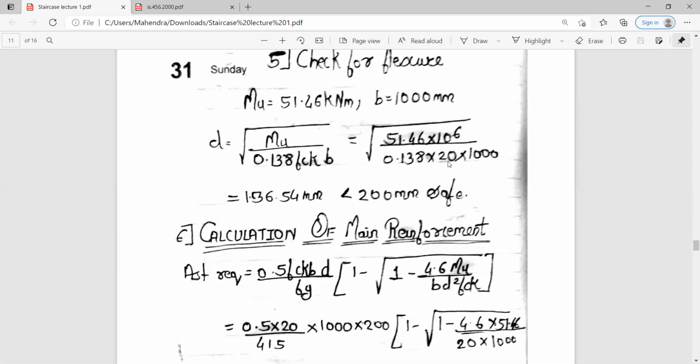The value of fck is 20 as M20 grade is given to you, and the value of B that you have assumed is 1000. So you get the value of D as 136.54 mm, that is less than the D that you have calculated earlier. Earlier the D we calculated was 200 mm, so that's why our check for the flexure is safe. So do this step number 5.